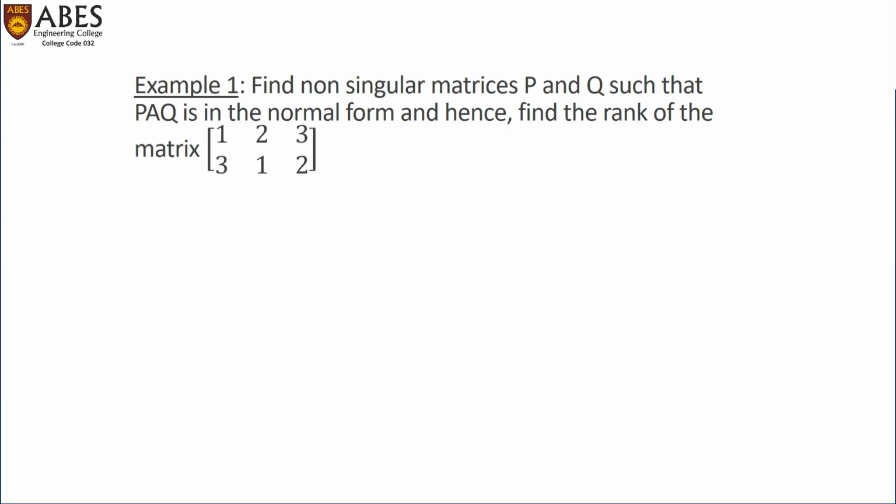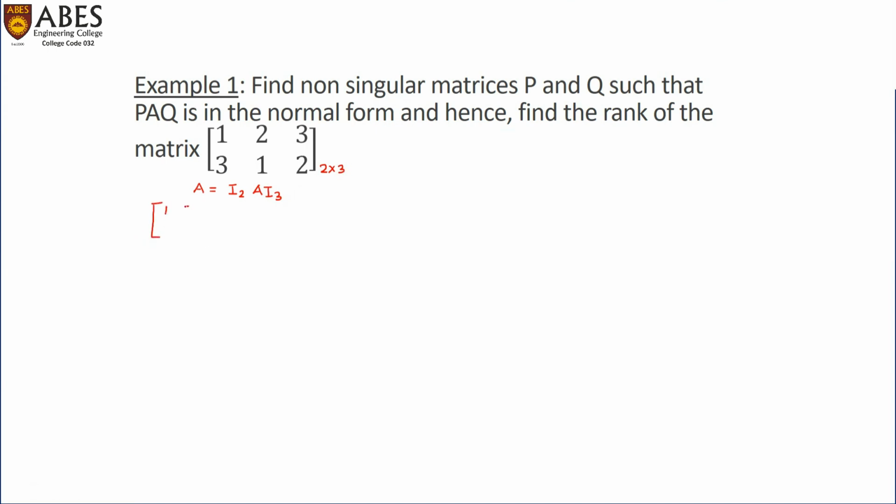Find two non-singular matrices P and Q such that PAQ is in the normal form and hence find the rank of the matrix. This matrix contains 2 rows and 3 columns, that is, 2 cross 3. A can be written as I2 A I3, where I2 is the identity matrix of order 2 corresponding to the number of rows, and I3 is the identity matrix corresponding to the number of columns.